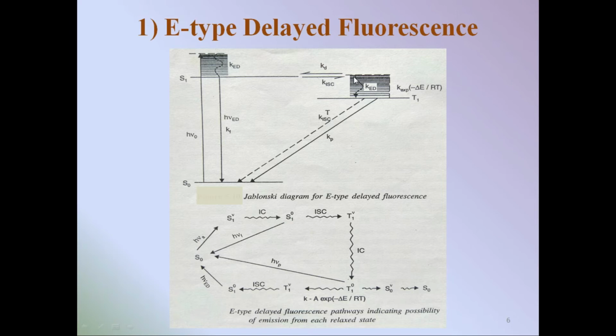As already said, here delta EST is very small, so by vibrational relaxation some molecules are again promoted, with the help of thermal energy from the surroundings, to an isoenergetic point and cross back to the first excited singlet.